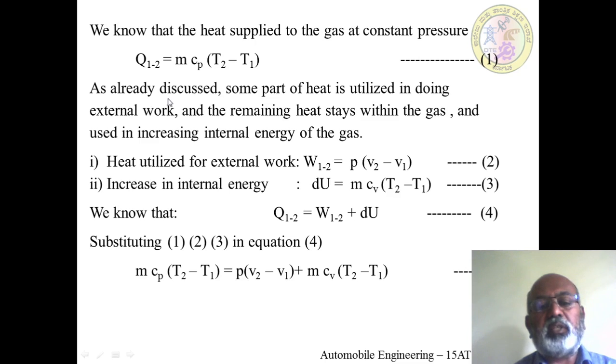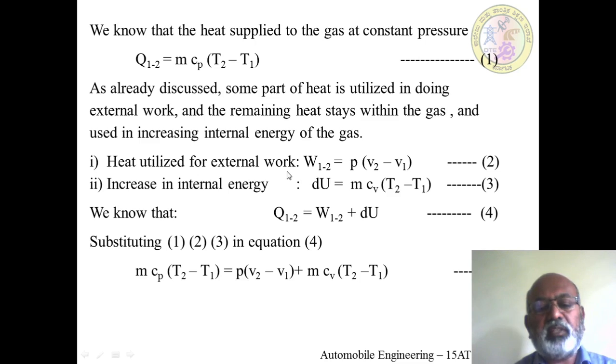As already discussed, some part of the heat is utilized in doing external work and the remaining heat stays within the gas. So whatever heat we input to the system, some part is used for doing work and the remaining part is stored as internal energy. We will see how much energy is used for work and how much for internal energy.